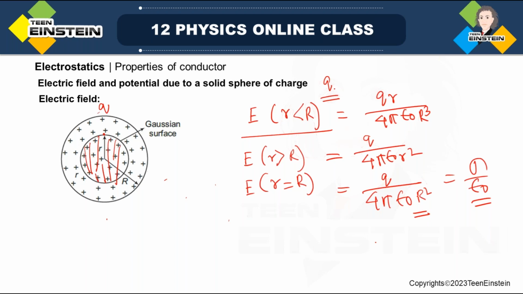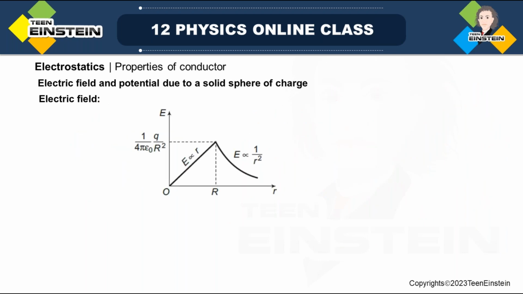All right, so if I plot all this, look how the plot will be. In this case, electric field inside varies as directly proportional to the distance from the center of the sphere, and for outside points electric field varies as 1 by r square, just like a point charge. On the surface it is the constant or maximum value, this one.